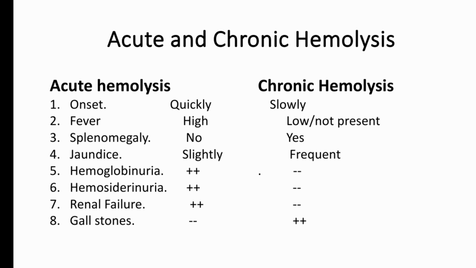In the chronic cases, the body suffers for a very long time. The pigments of bilirubin in the gallbladder start to accumulate, and later on they form the gallstones. Okay, move on to the next.